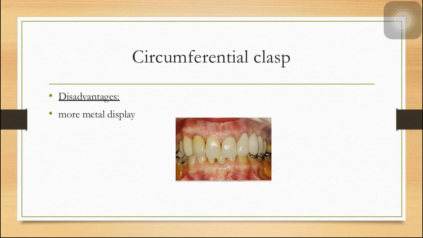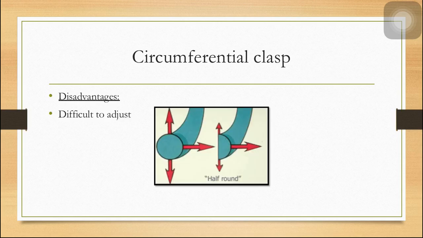Also, another disadvantage that we can see in this picture is more metal display as compared to the I-bar clasp arms. So the circumferential clasp arms are less aesthetically acceptable; I-bar clasps are more aesthetically acceptable to patients as compared to the circumferential clasps. Also, the half round form is only possible when the clasp is cast.